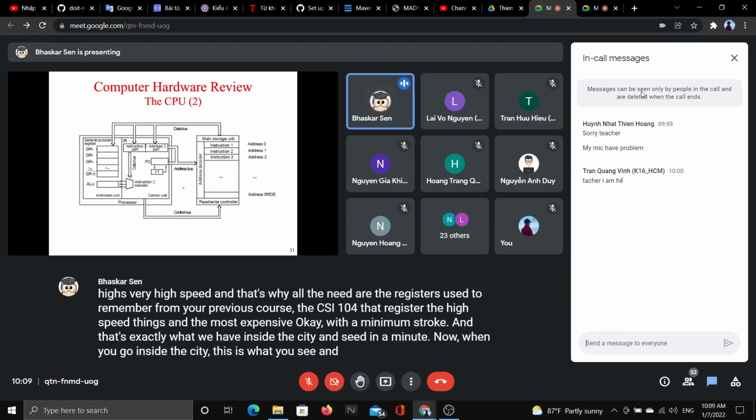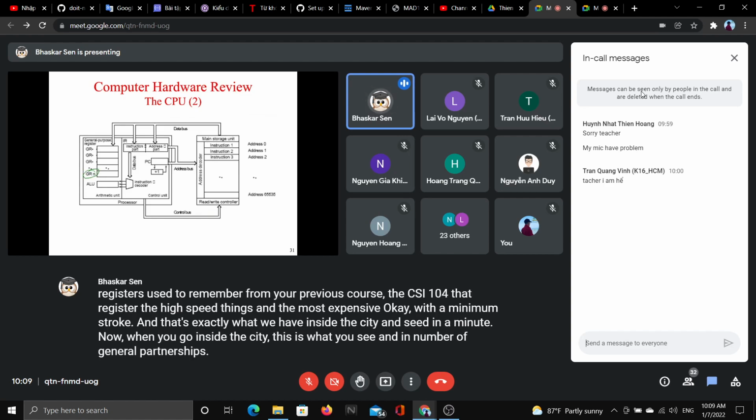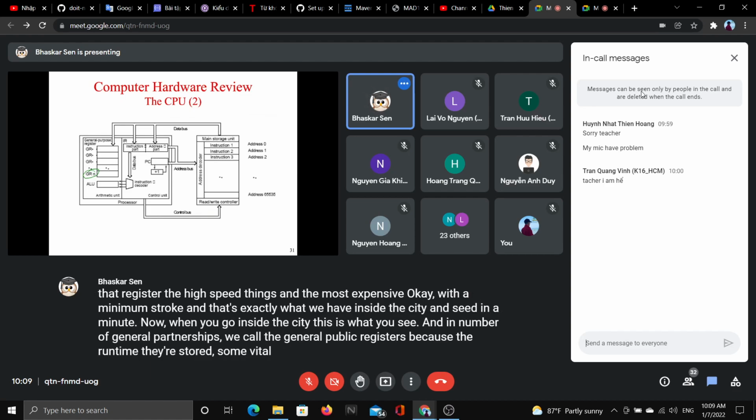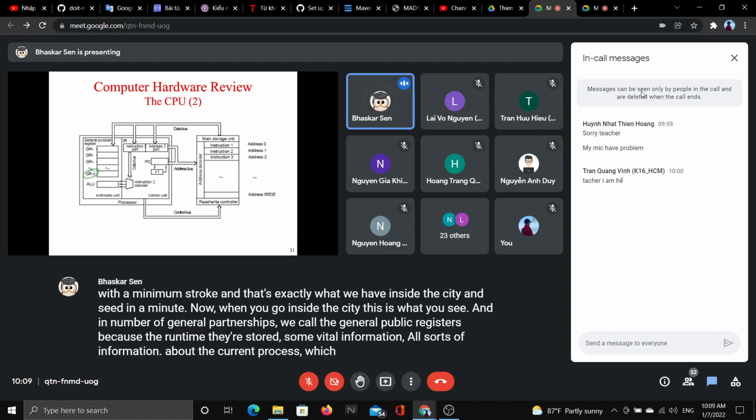Now, when you go inside the CPU, this is what you see, and n number of general purpose registers. We call them general purpose registers because at runtime, they store all sorts of vital information about the current process, which is currently executing on the CPU.